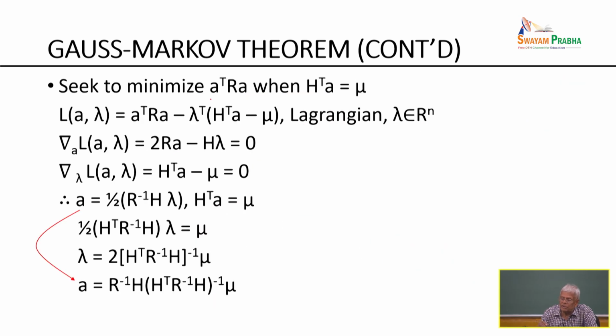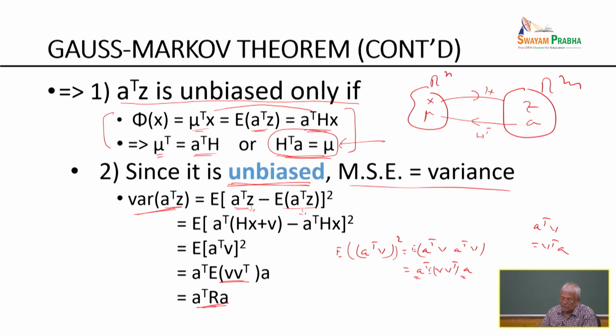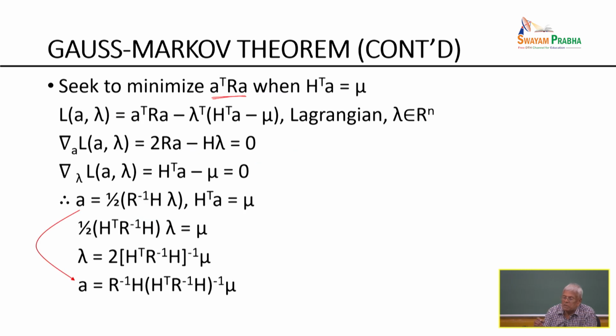Now we seek to minimize A transpose RA. Please understand, A transpose RA is the variance of my estimate. My A is not free. My A must be related to mu through this relation. So I want to minimize this under the constraint H transpose A is equal to mu. Now please understand, I have already picked mu. I am going to be estimating mu transpose X. So I am now considering a vector A. How should the vector A be related to the vector mu?